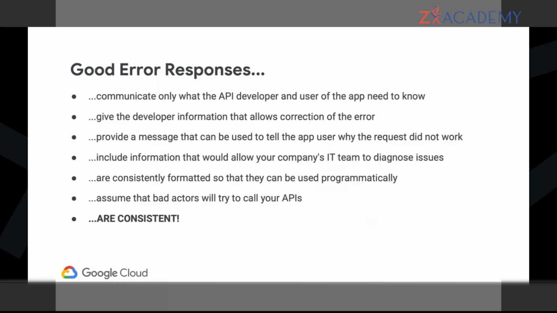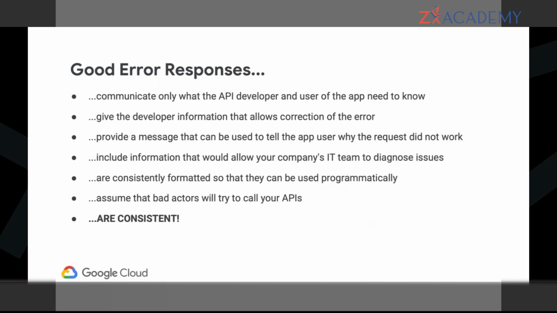And we should assume that bad actors will try to call, because we don't know whether the consumer has proper intention or really needs this information. Sometimes people try to hack, they can be hackers. But once we define the error payload structure and the status codes, we need to be consistent.